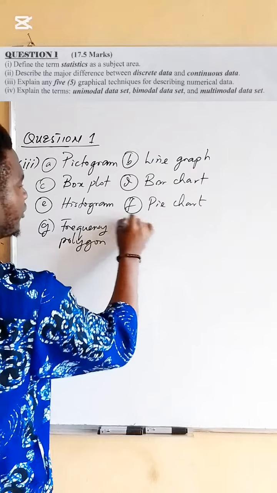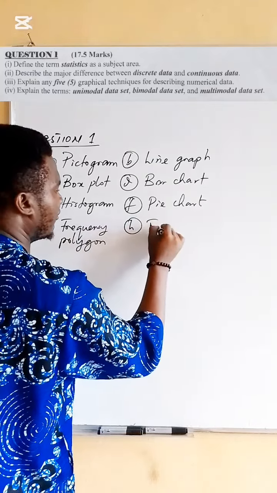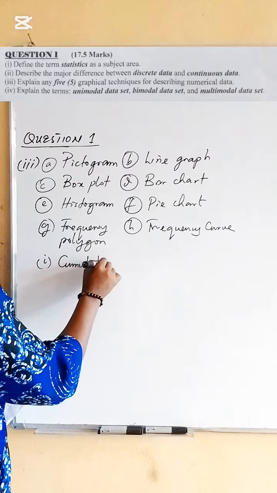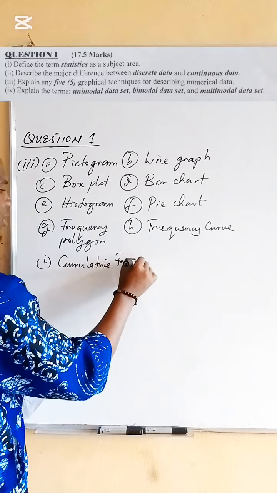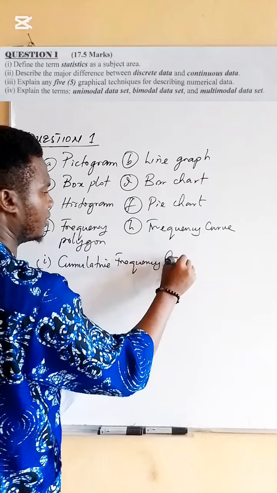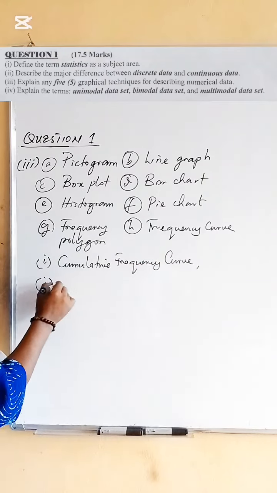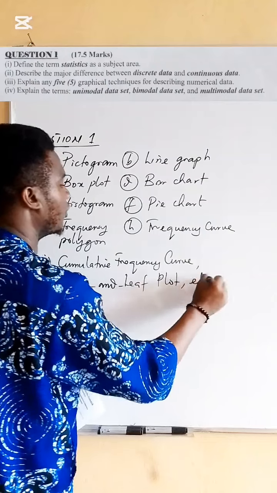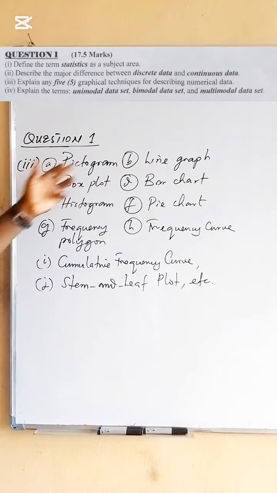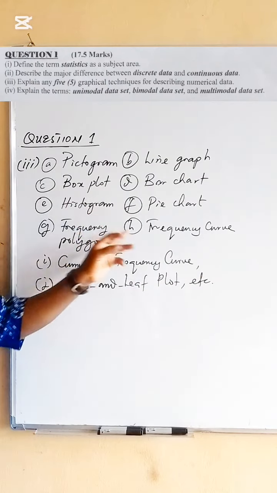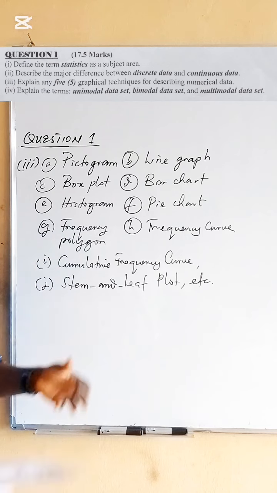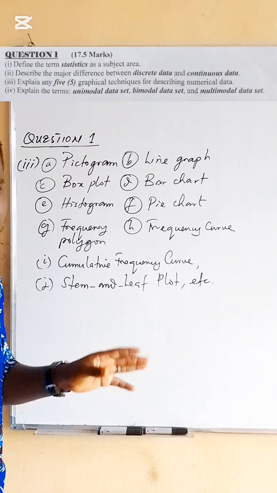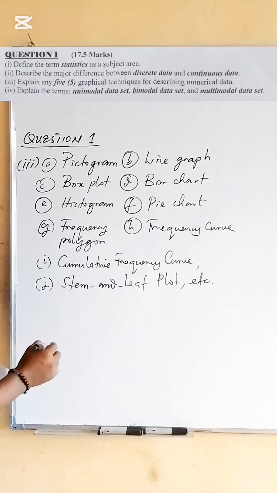H, the frequency curve. I, the cumulative frequency curve. J, the stem and leaf plot, etc. So I've mentioned 10 of them, whereas you were asked to not just mention, but explain 5 of them. So let's explain them one after the other.